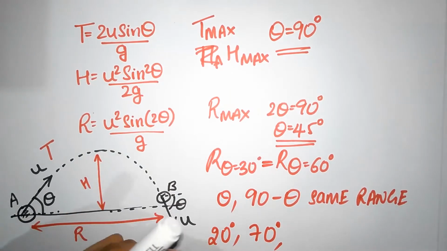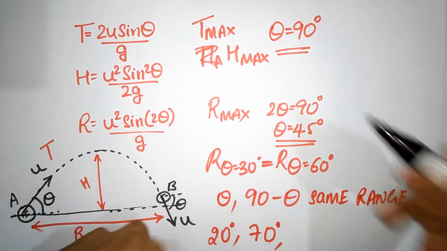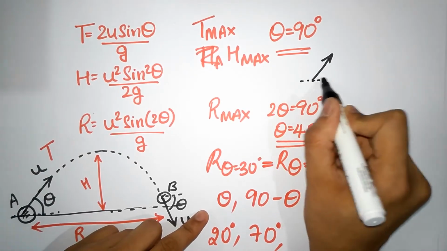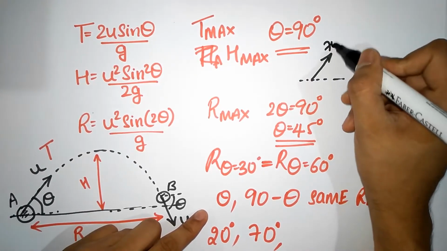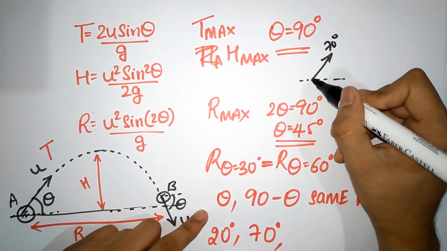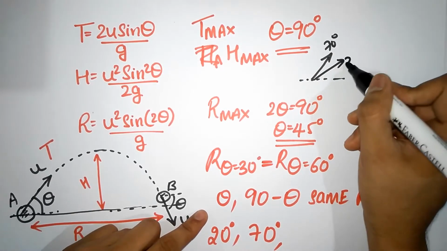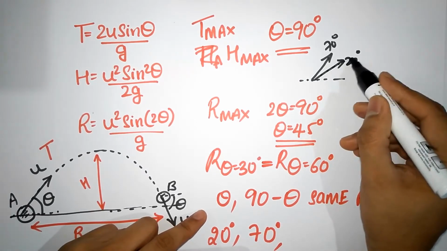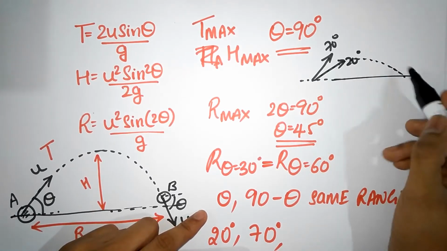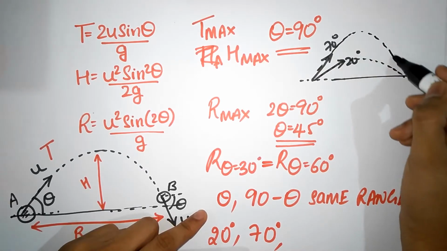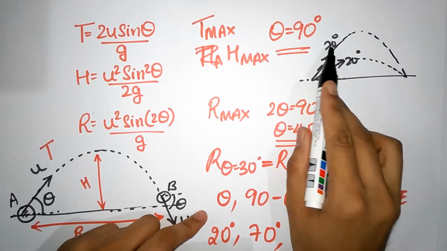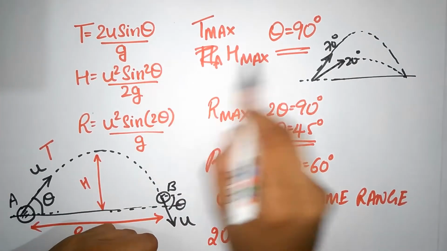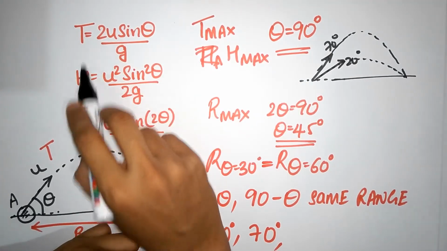If you were to see what the projectile motion looks like for two different angles, say you threw one at 70 degrees and another at 20 degrees, they will both have the same range but different heights. You can imagine this because 70 plus 20 is 90. So height depends on the angle definitely. The more the angle, the more the height and the more the time.